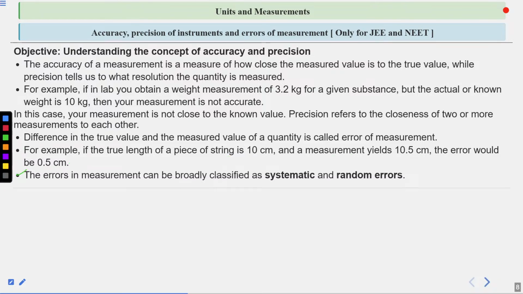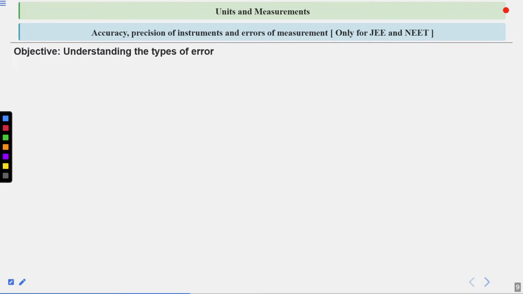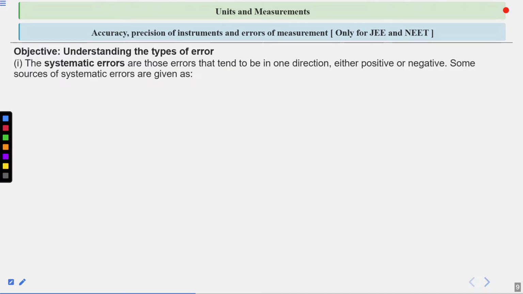The errors in measurement can be broadly classified as systematic and random errors. So there are two types of errors: systematic errors and random errors.